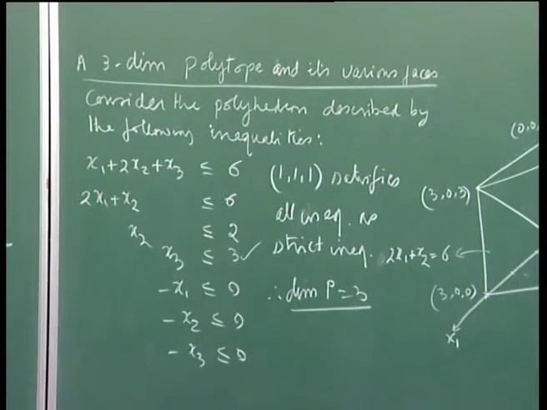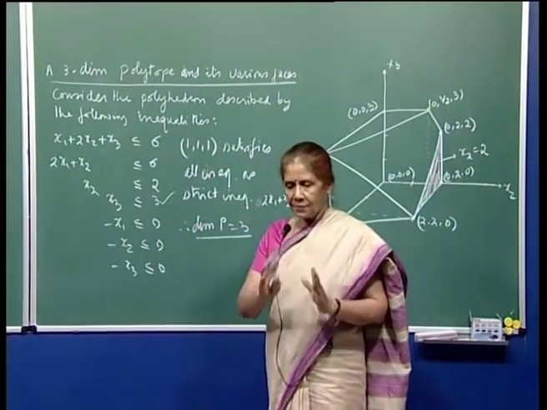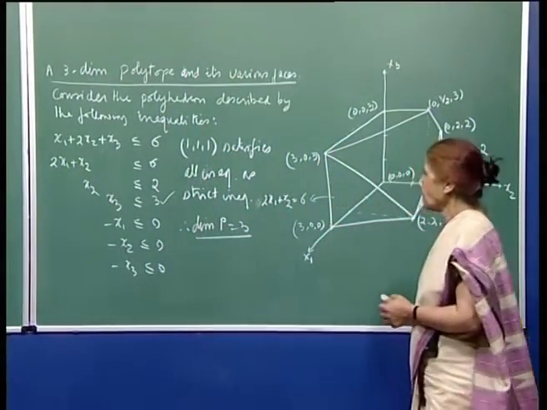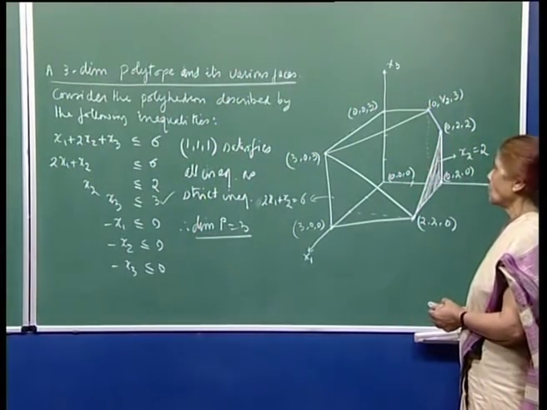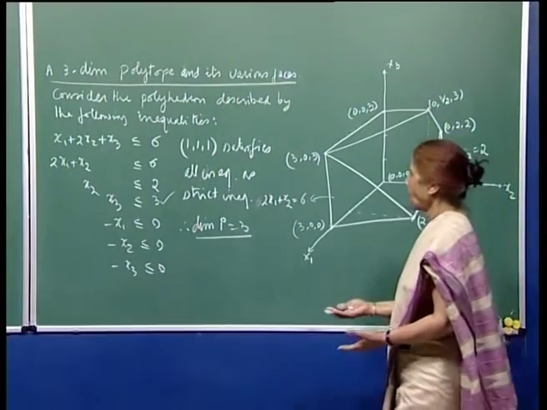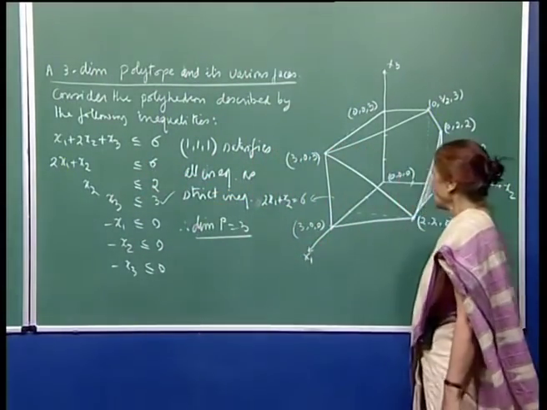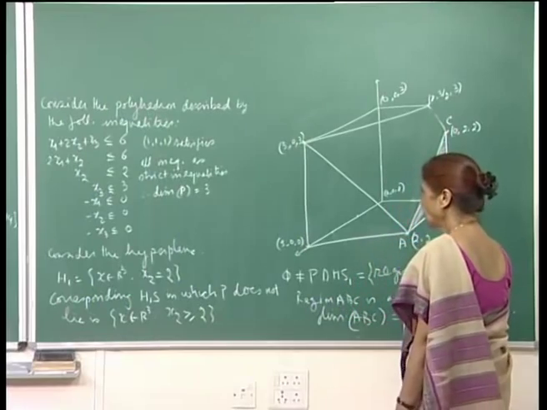I talked to you about it: if you can find a point in a polyhedron which satisfies all constraints defining it as strict inequalities, then it is a solid, and we say that it has the same dimension as the number of variables defining it. So dimension of P is 3, right? And we continue with this example.